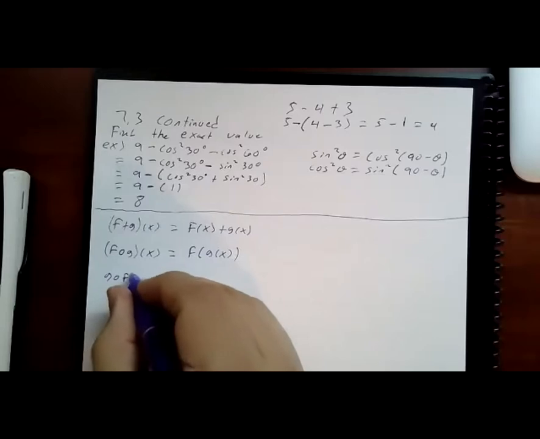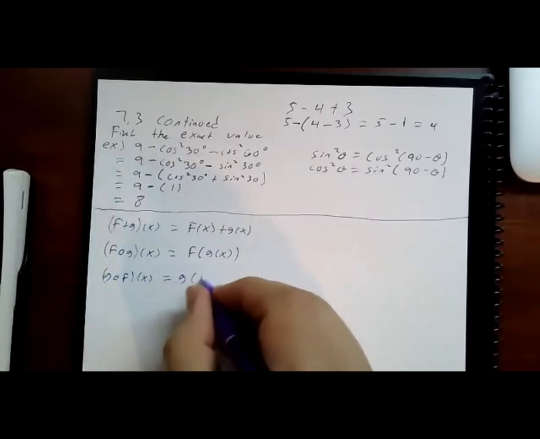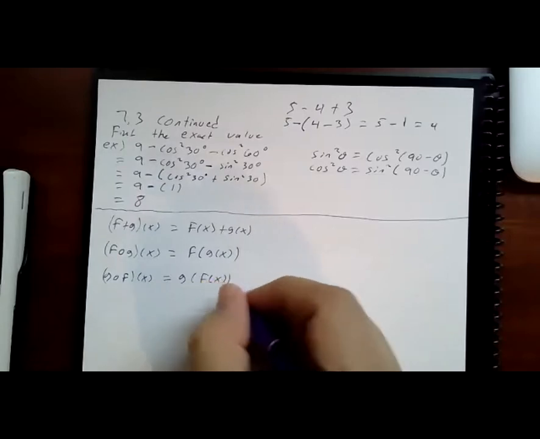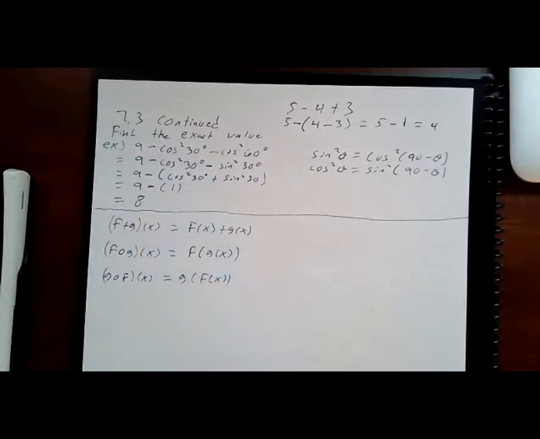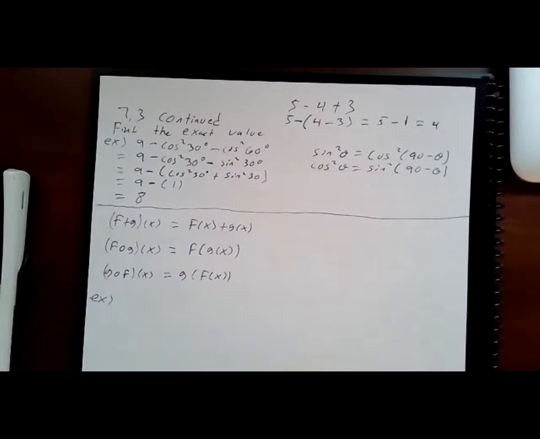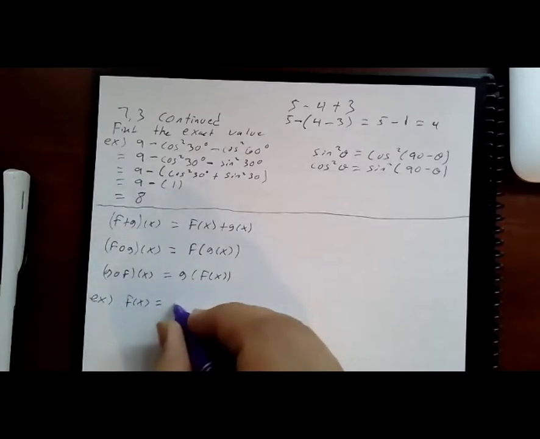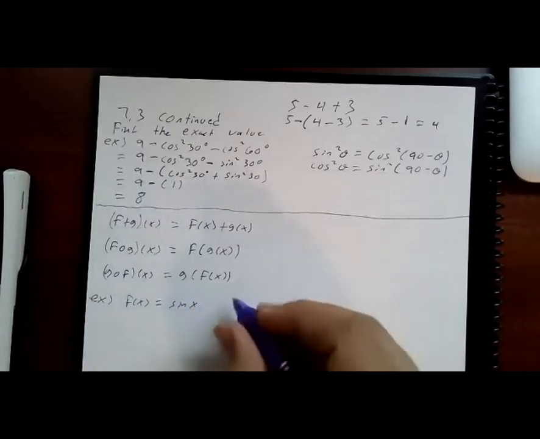And vice versa, this would mean that f is inside the g function, g composed with f. Does that seem familiar? All right, so the next few questions are going to assume you know how to do that, or all about it. So let's do a few just in case you don't.